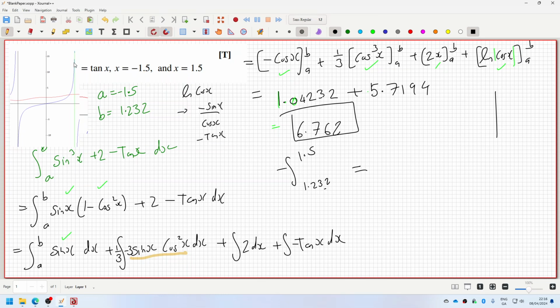1.5. Yeah, okay, sorry. Calculator's acting up. So that's multiplied by minus.